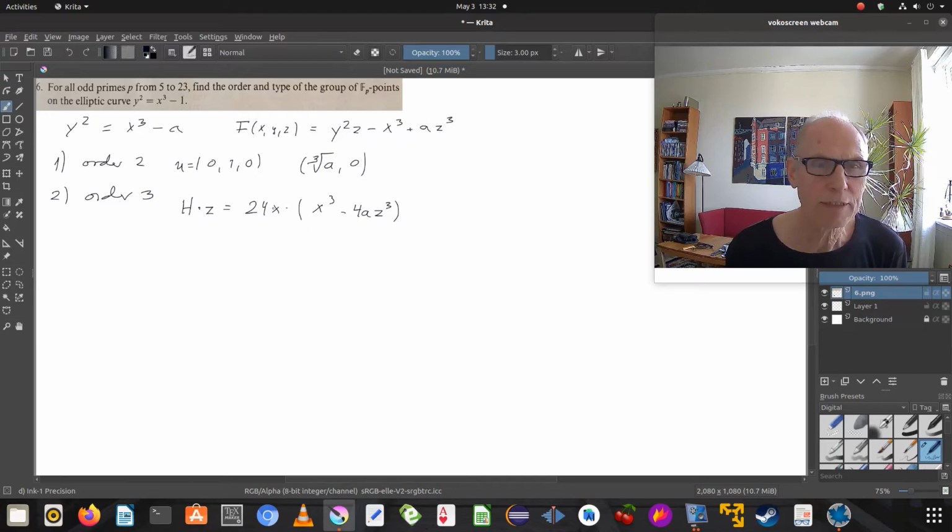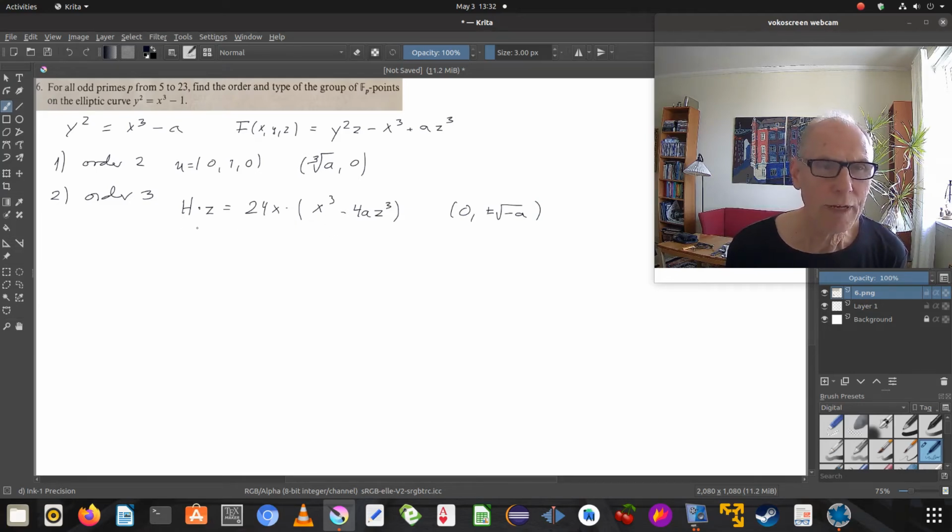One possibility is x vanishes, then y equals plus or minus square root of minus a. Maybe 2 points.